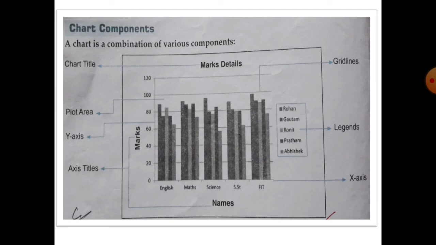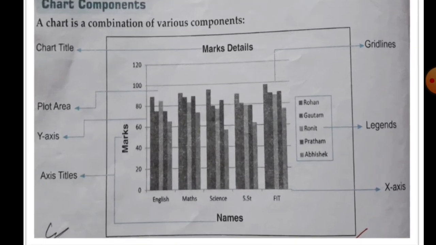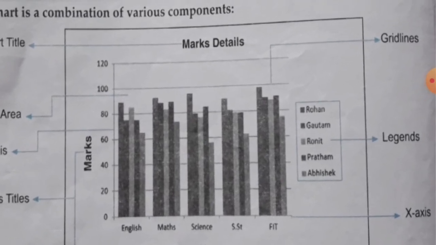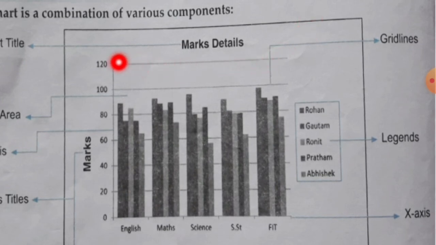So the next is grid line. These are the parallel lines along with the y-axis and x-axis in the plot area that help to quickly refer, which makes it easier to analyze the values or each data point on the chart. Grid line is what you can see here. These are also lines along with the y-axis and x-axis.